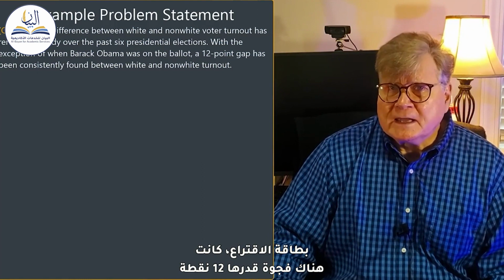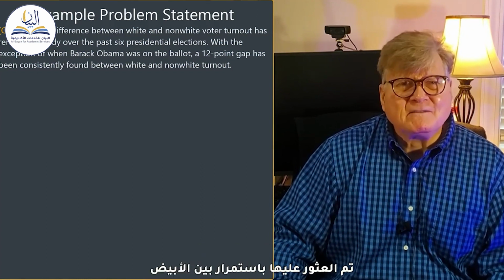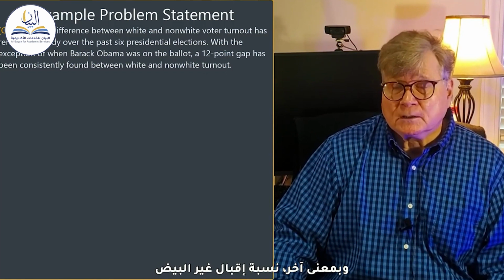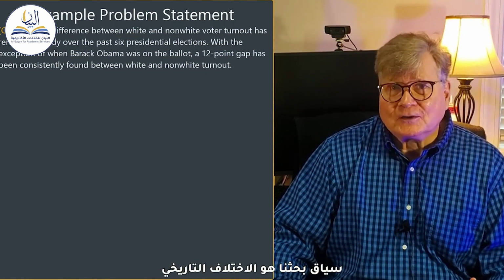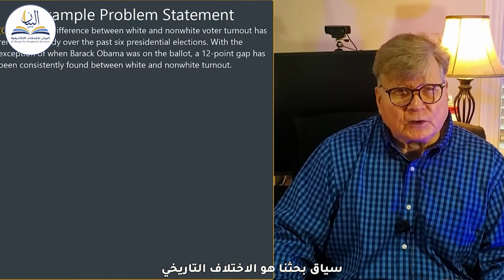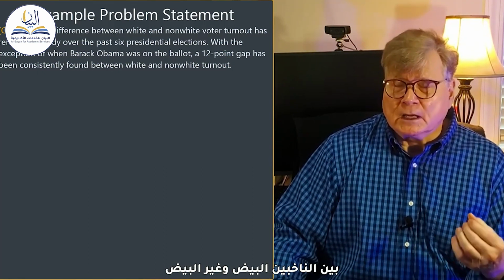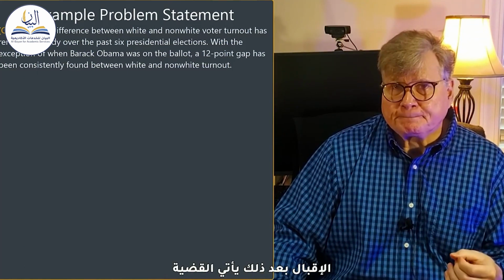A 12-point gap has been consistently found between white and non-white turnout. So, in other words, the context for our research is the historical difference between white and non-white voter turnout.